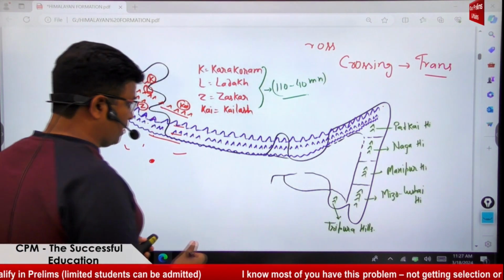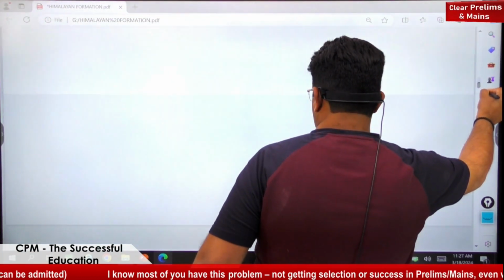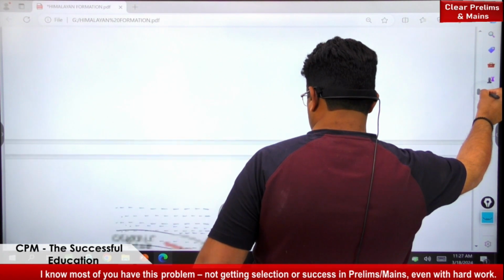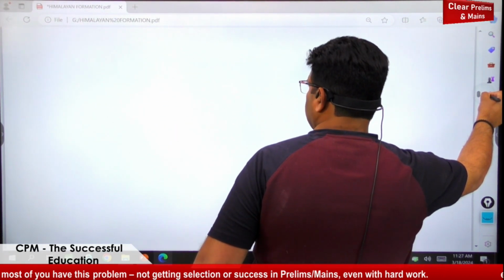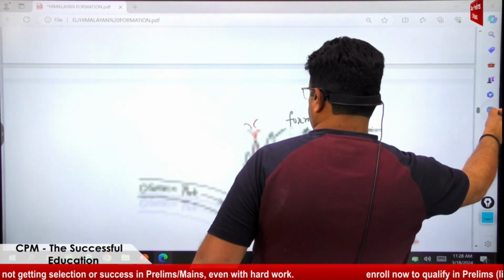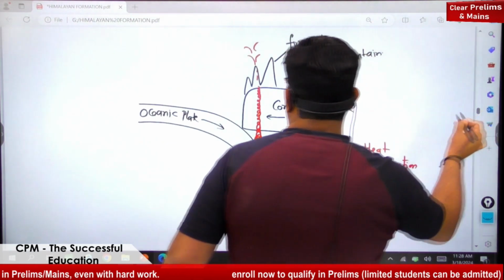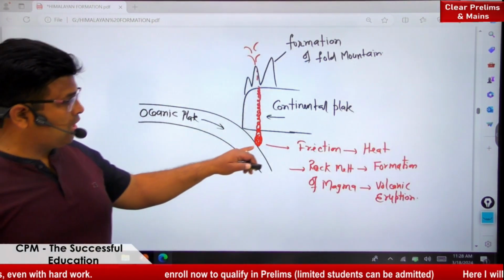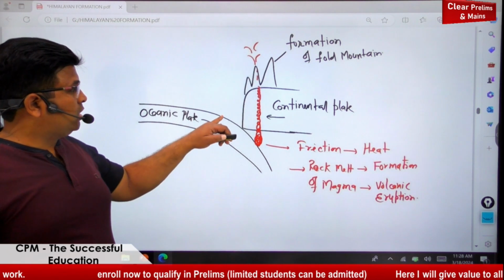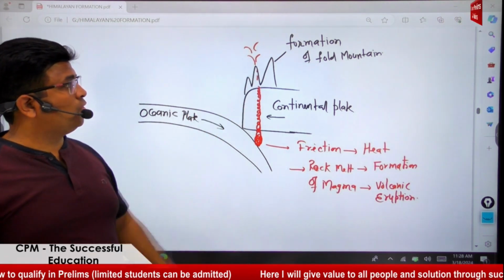Another point that we'll have to see. Here we have seen how the oceanic plate is subducting below, and then there is accretionary wedge sediment and river deposit sediment buckled into the fold mountain.